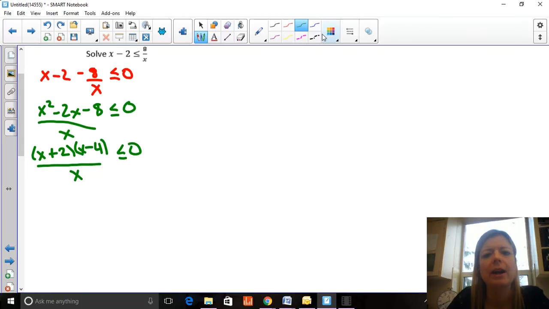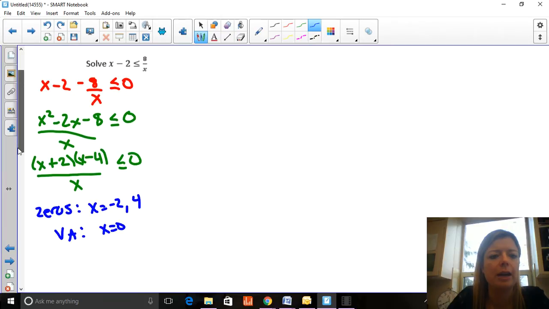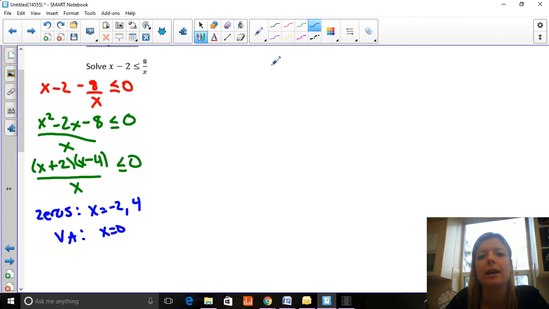Okay, now I can identify that my zeros are x equals -2 and x equals 4, and I have a vertical asymptote at x equals 0. So now I'm going to go ahead and set up my chart here so that I can determine where this function is negative and where this function is positive.